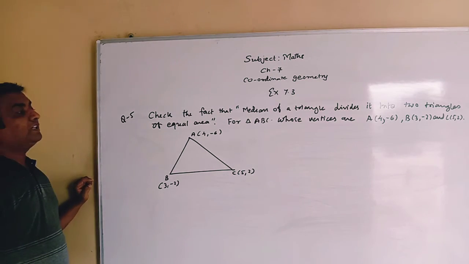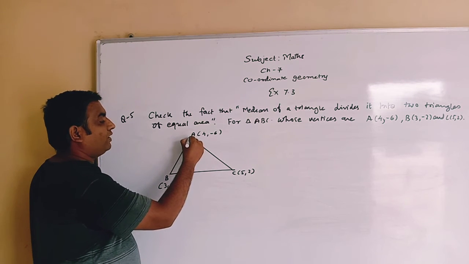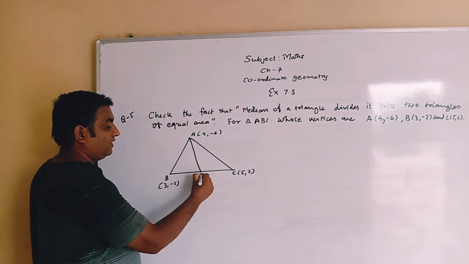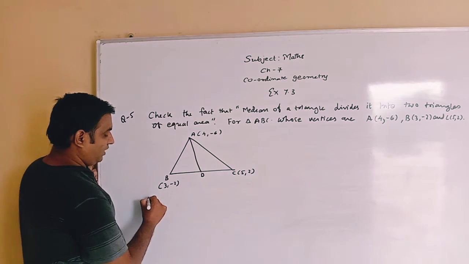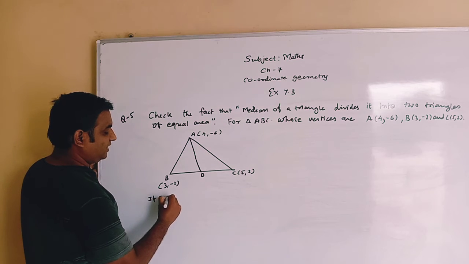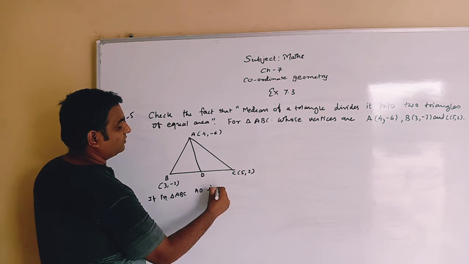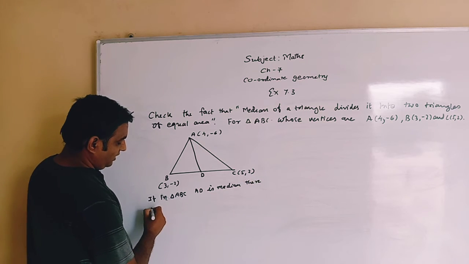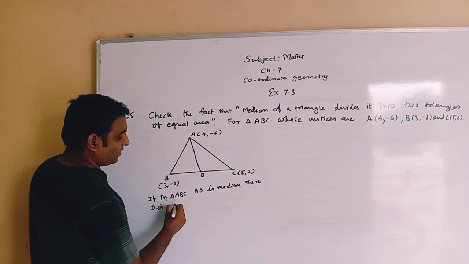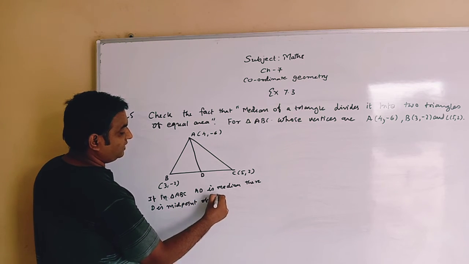Now we want the median, so we know that the median is from the vertex to the opposite side's midpoint. So if we draw median AD, and D is the midpoint of BC, and so in triangle ABC, AD is the median, then D is the midpoint of BC.